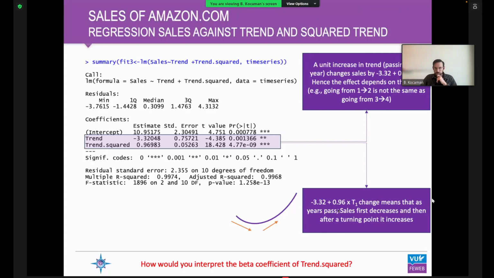Up until this 3.32 over 0.96, once this breaks even with minus 3.32, you will observe a decrease because this is a negative coefficient. And then after some point, this will start to increase. So as years pass, sales will first decrease and then after the turning point, it increases.